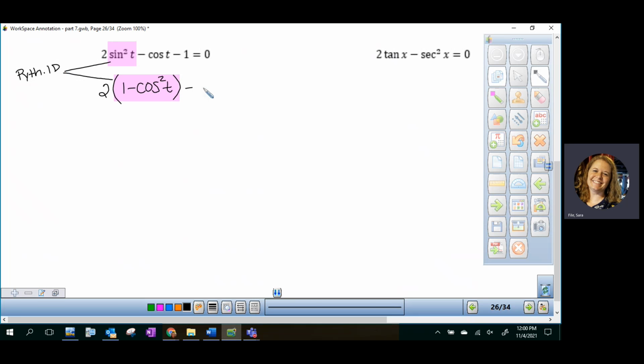There's still minus cosine t minus 1. That's still equal to 0. Now I've got it all in terms of cosine, so that's a start, but it's not ready to be factored yet. It's not in that ax squared plus bx plus c form. So I'm going to distribute this 2 to get rid of these parentheses.